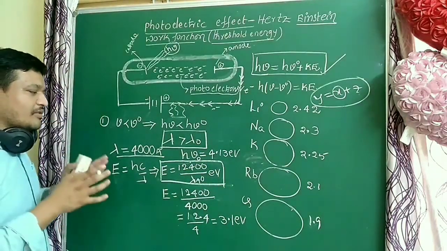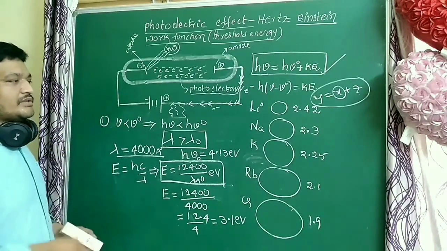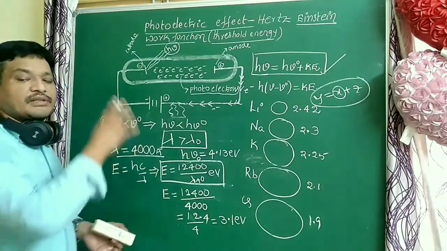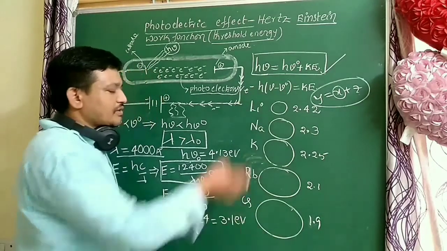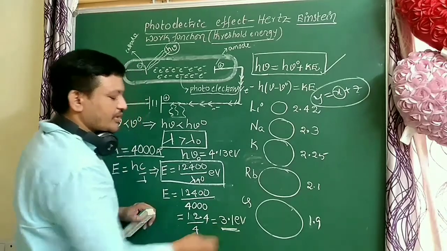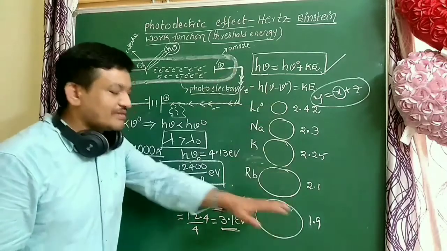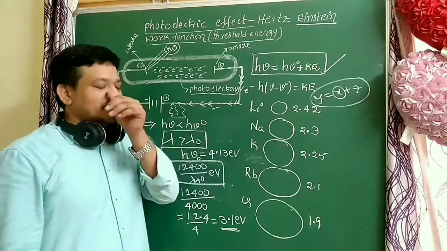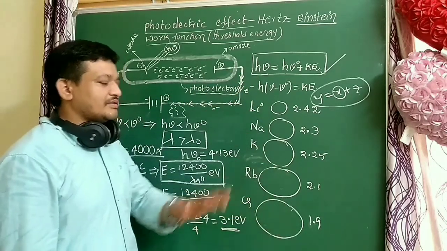These types of problems are there in our materials. These are very important, students. Many materials have this type of problem. Okay, students, now come to this. Here the threshold energies are all less than this energy, 3.1. So this light is very suitable for these metals, and all these metals emit electrons. Why?